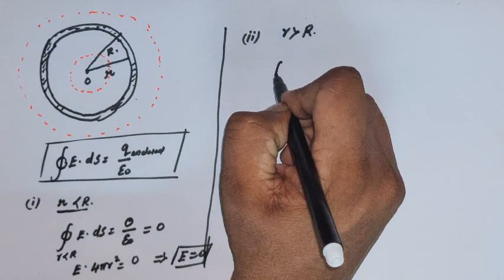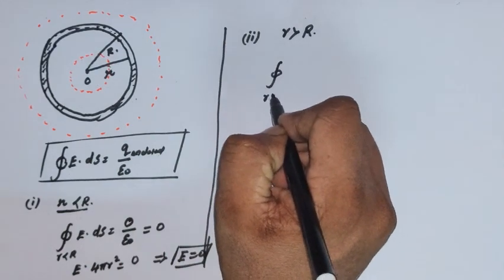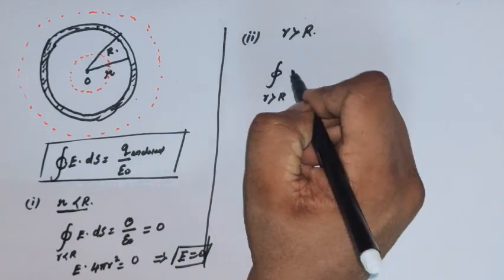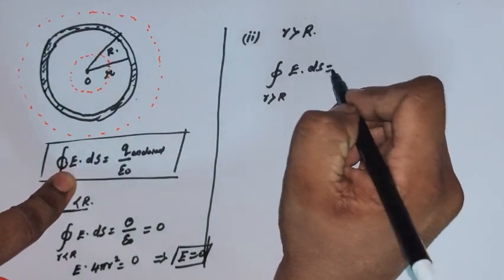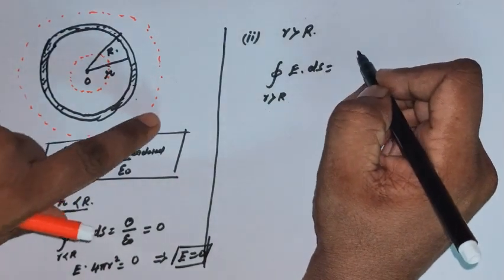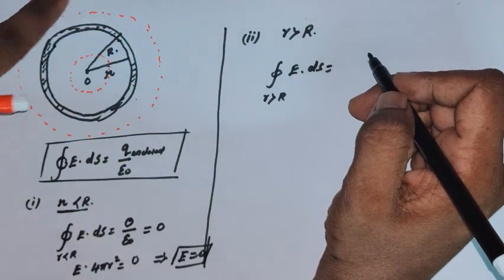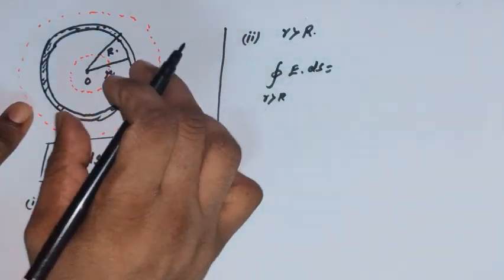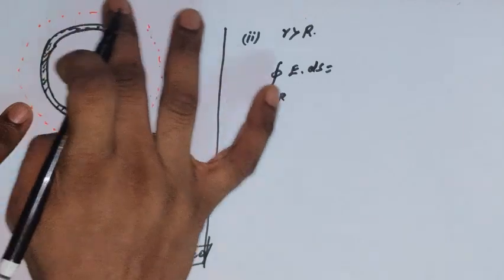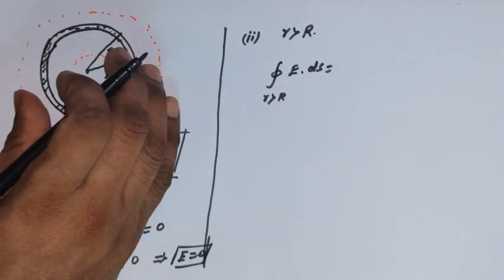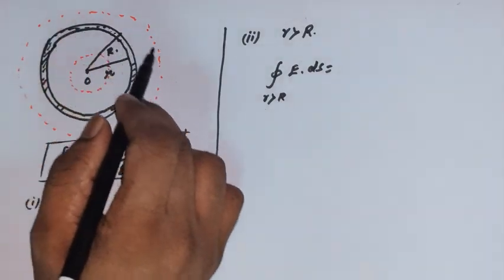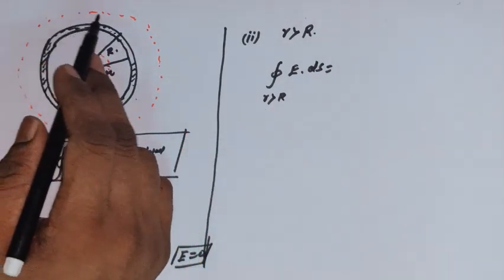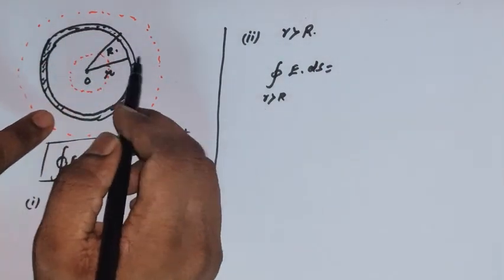For any closed surface when r is greater than R, the integral of E dot dS is equal to the charge enclosed. Now we have the charge distribution inside the spherical surface, because we are integrating outside the spherical surface.